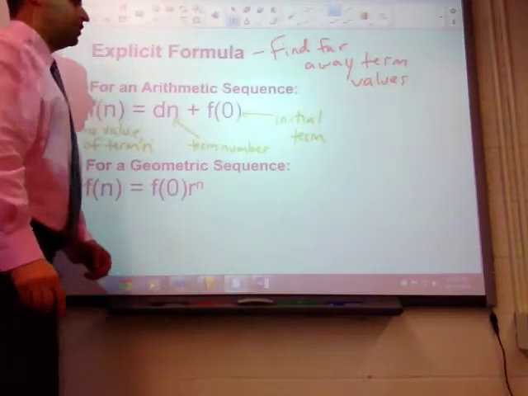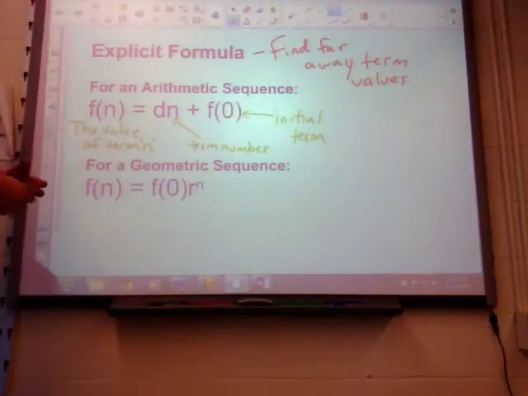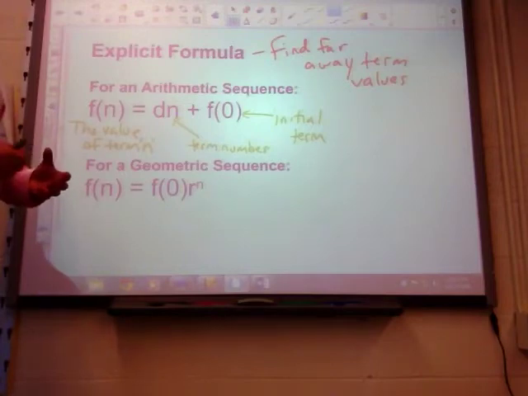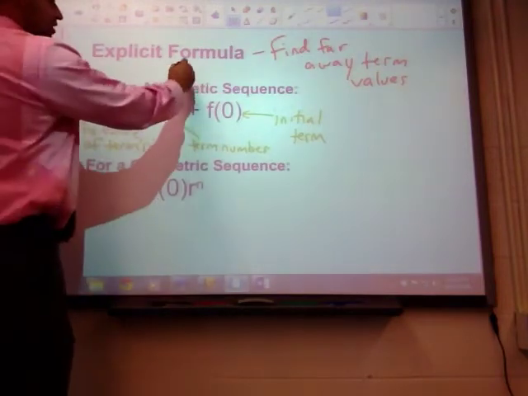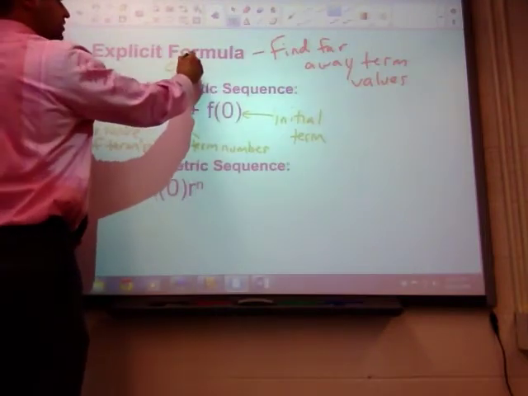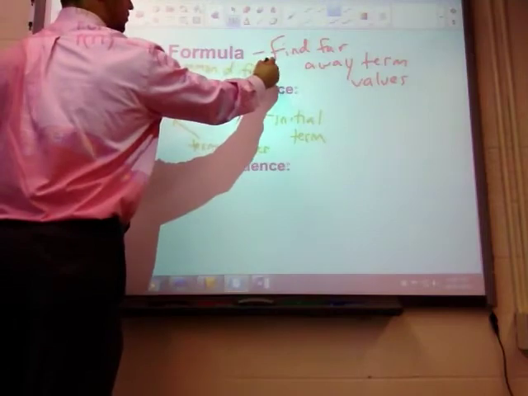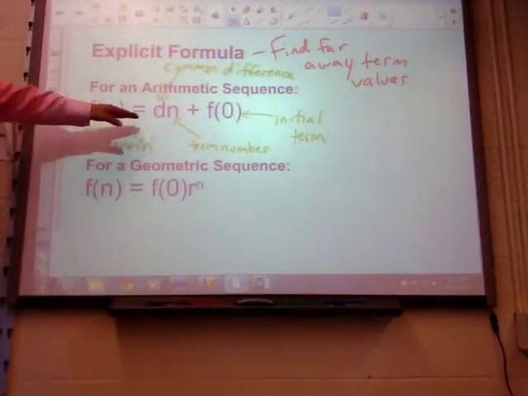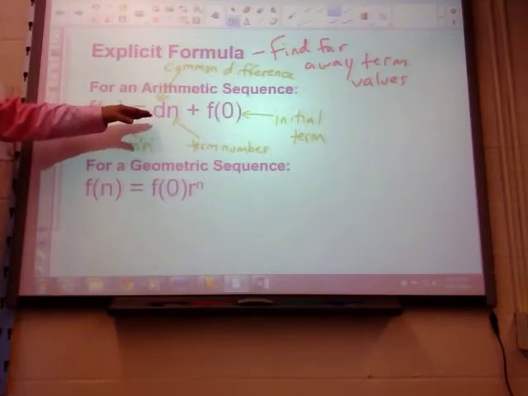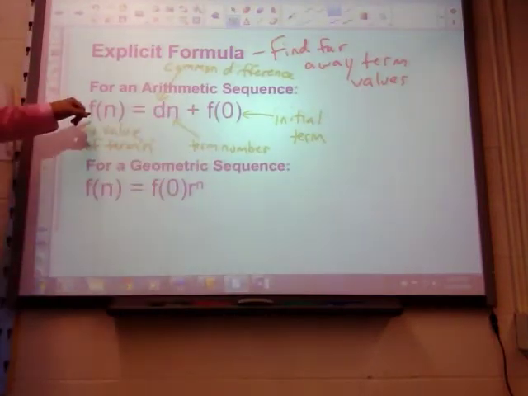Basically our starting point. f of 0 is our initial value, like before when we said something with our function rules was our initial value. That's something we all need to think about. d in this is the common difference. We talked about that today. So in an arithmetic sequence, d, the common difference, times n, the term number, plus the initial term will give you the value of your term far away.